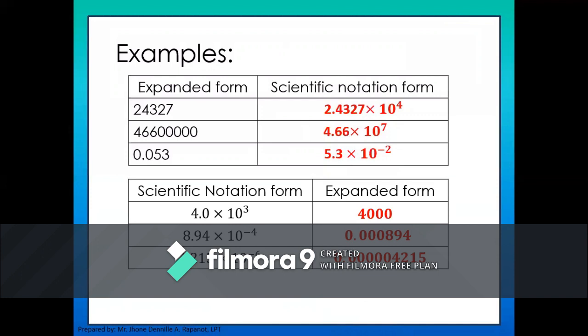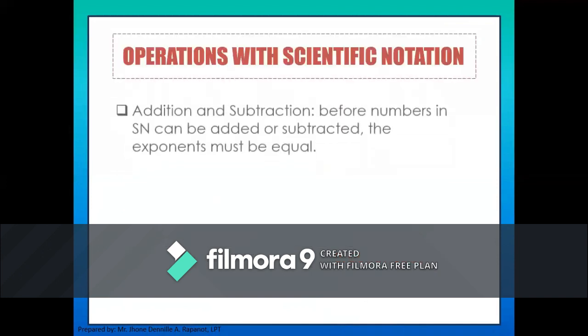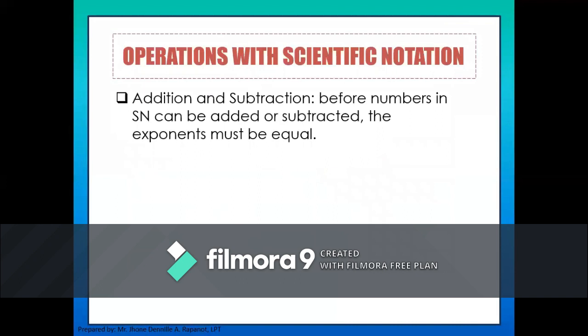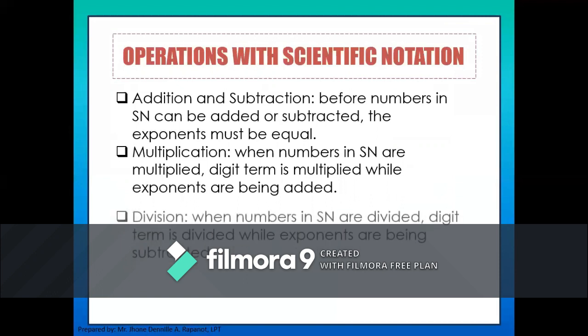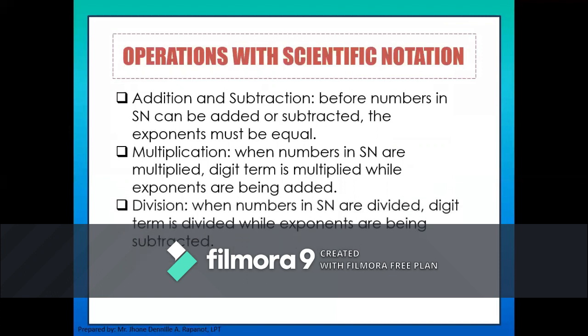Now, let's proceed to operations with scientific notation. Now, from what you've learned before, there are four basic operations in mathematics: your addition and subtraction, multiplication, and division. Now, what I have here are the rules or the techniques.